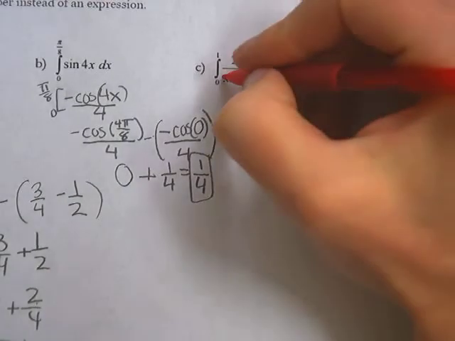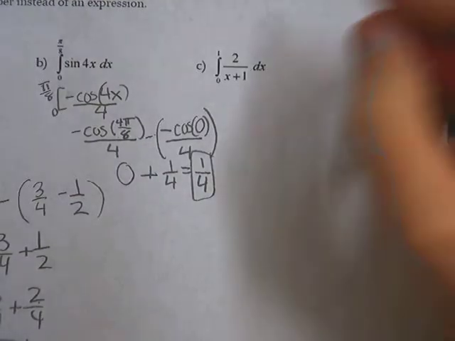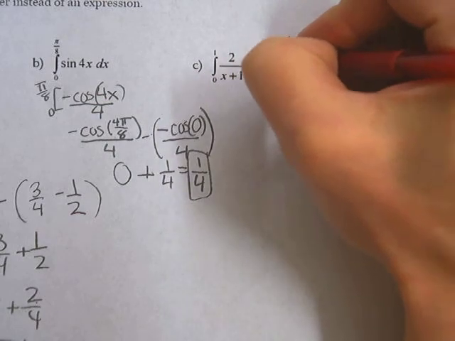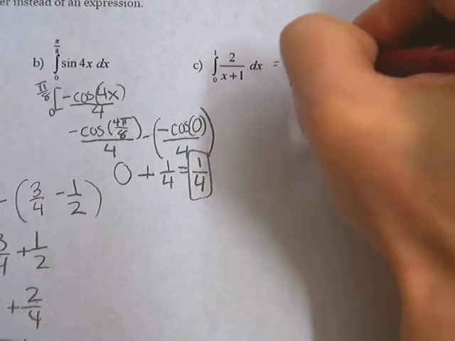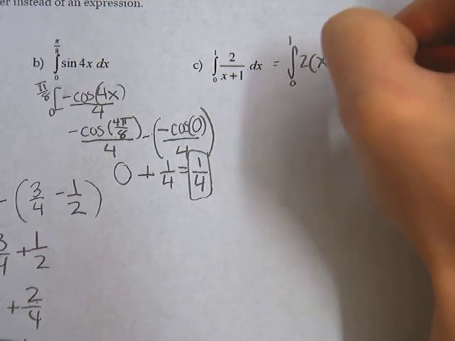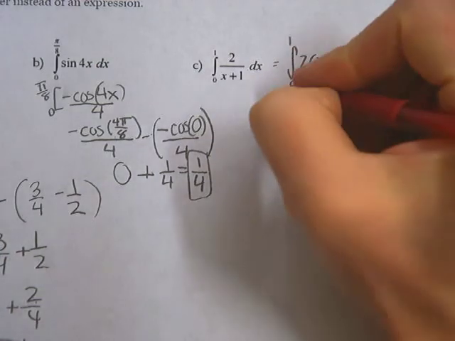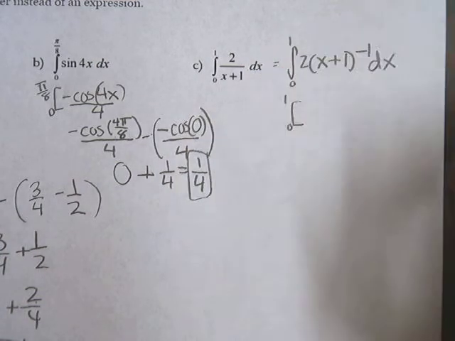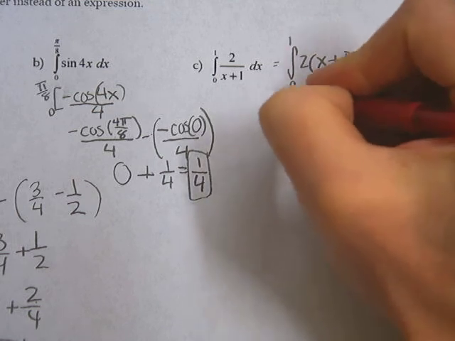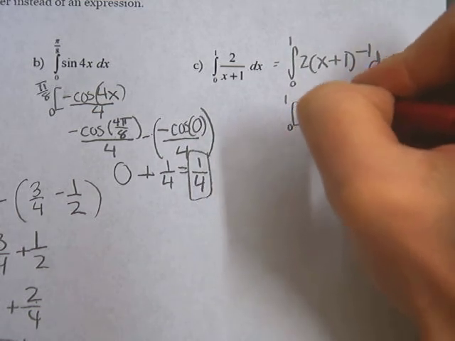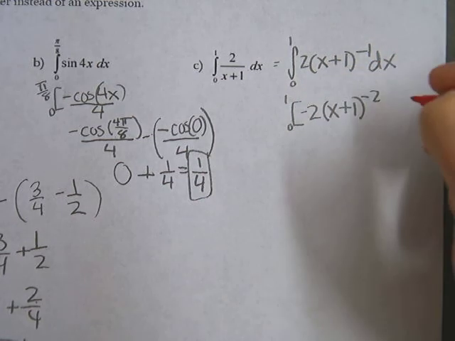We're integrating from 0 to 1 of 2 over x plus 1. I'm going to rewrite this real quick as integrating from 0 to 1 of 2 times x plus 1 to the negative 1 power. Now I'm just going to pull down the power and subtract 1 from the power. I get negative 2, because negative 1 times 2 is that, times x plus 1 to the negative 2.